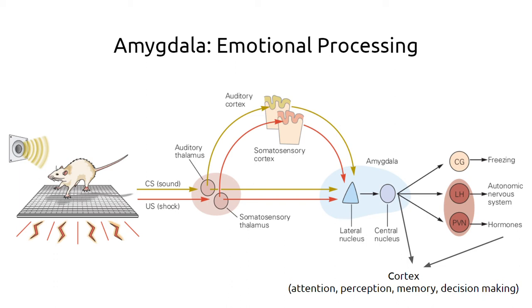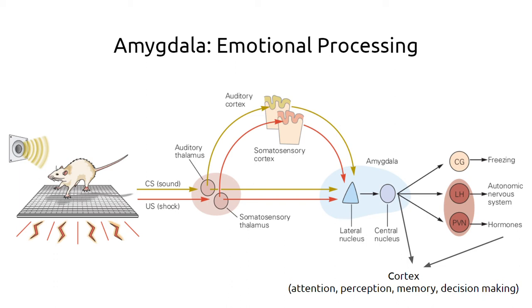Onto the amygdala. This is going to be closely tied to what we're going to call emotional processing. Again, we're getting inputs from lots and lots of different sensory areas. The idea there is that we're getting information about high-level representations of aspects of the external world. So what objects are you seeing?